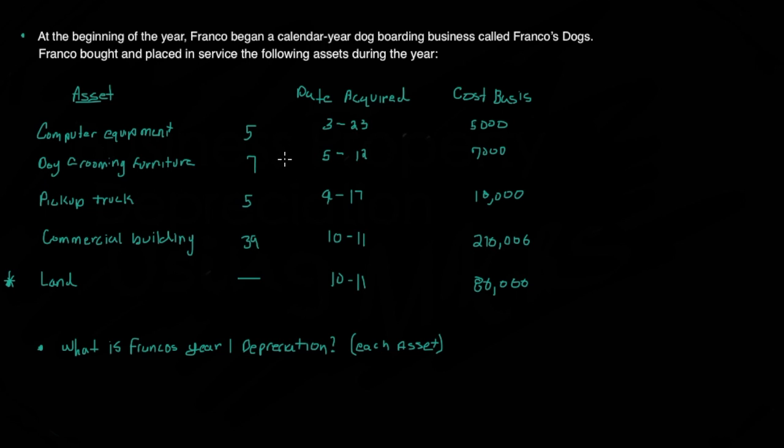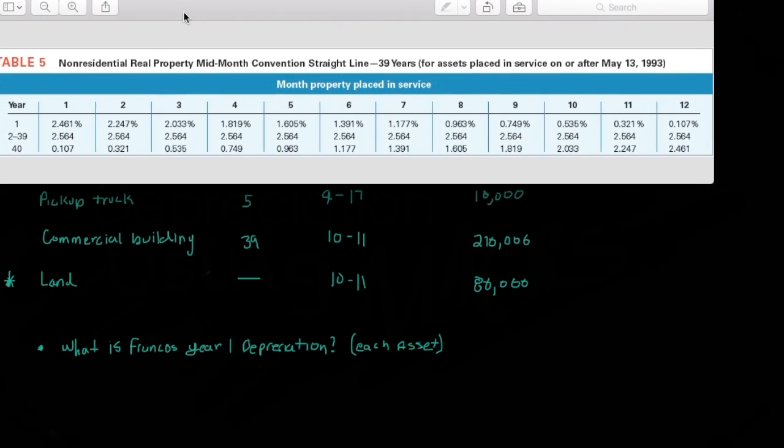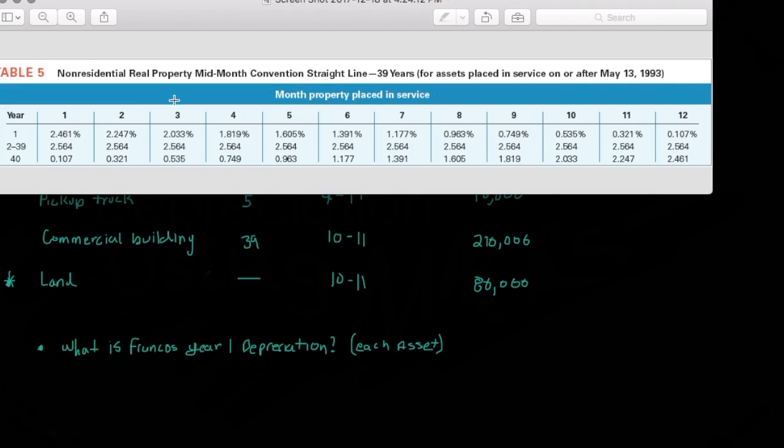The second thing we need to do is look up some of these. Here we have the MACRS depreciation charts. This one is for non-residential or rental property using the mid-month convention straight line, 39 years.